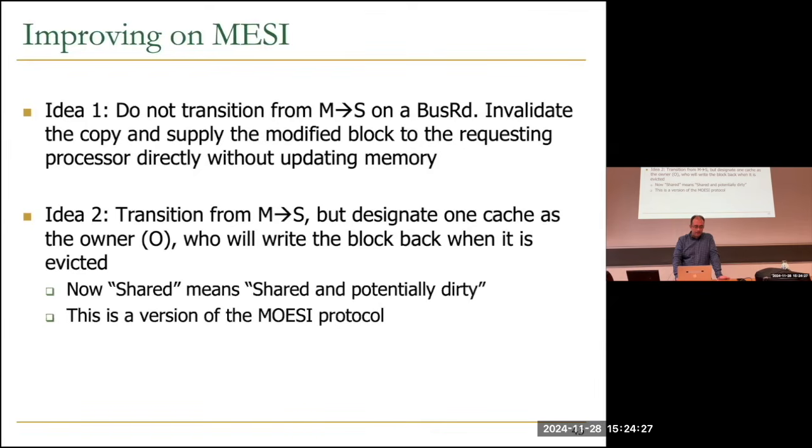That's the key here. Now, shared means shared and potentially dirty. You can implement it by adding another state to your state machine, or you can change the definition of your shared state to shared and potentially dirty. And this is a version of the MOESI protocol.